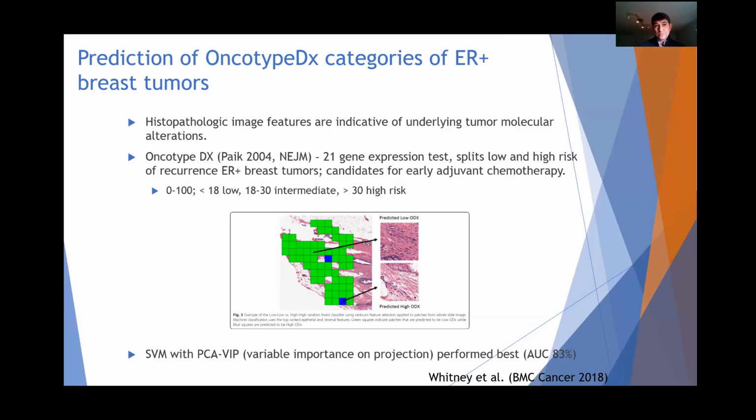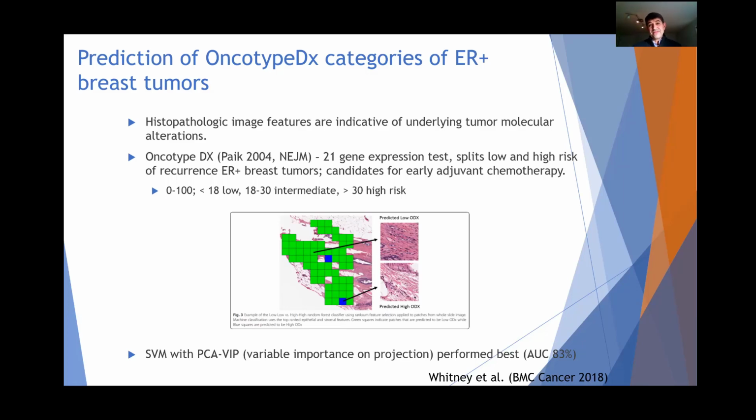The other thing that I wanted to point out here is that this is also a nice example of how these analyses are done. If you look at the image, you can see all these boxes laid out as a grid over the tissue. That's an approach that's typically utilized, and one we utilized in the data that I'm going to show, where you break down the bigger image into smaller square tiles, and those serve as the unit of inference.